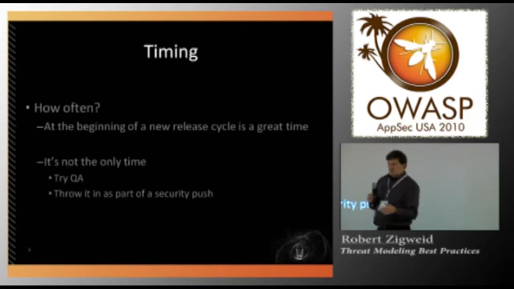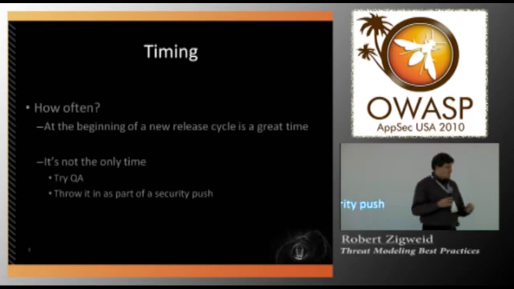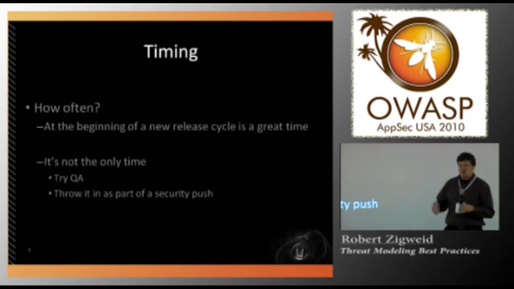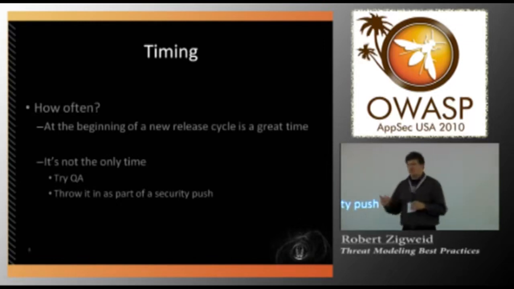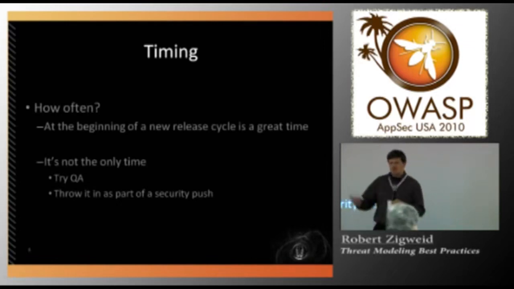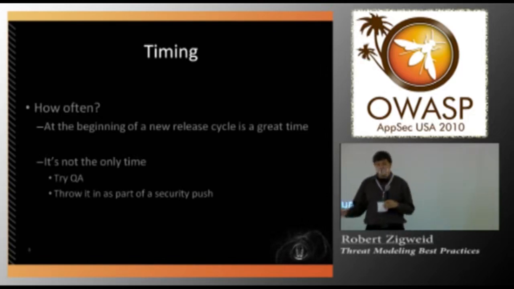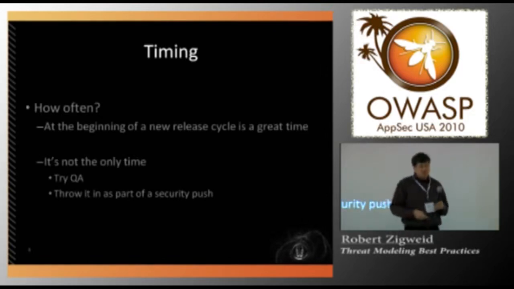I prefer to see a living document. So I like to see threat modeling as an ongoing process. It becomes the story of your project because you can capture all of the business requirements from the very beginning and track how it's morphed through different revisions or even through a single cycle. You can see how things have changed.